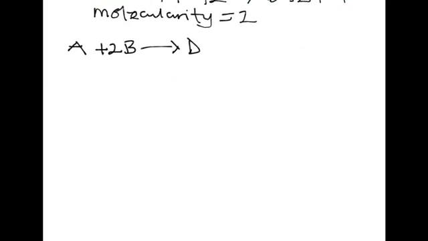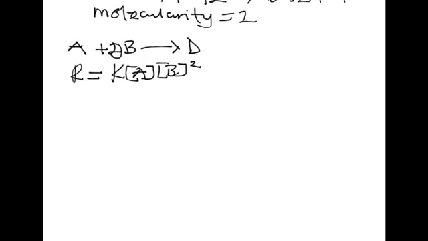Now if this reaction A plus 2B giving us D is a rate determining step and you write the rate equation, R equal to K, concentration of A, and that of B to the power 2, then we know that the mole of A is to the power 1, so we won't write that one there. And if the mole of B is 2, we write the order to be 2.